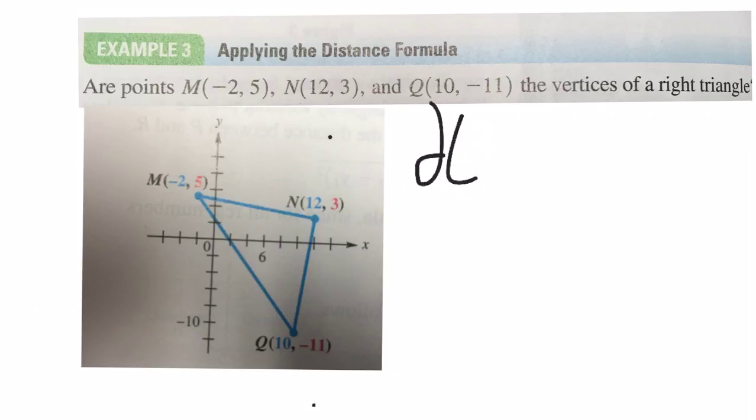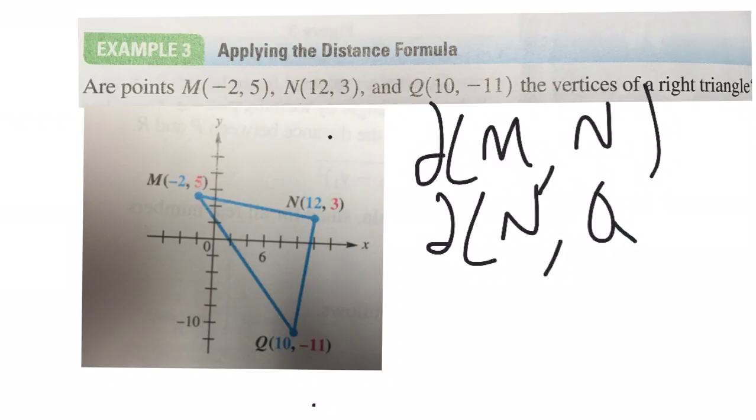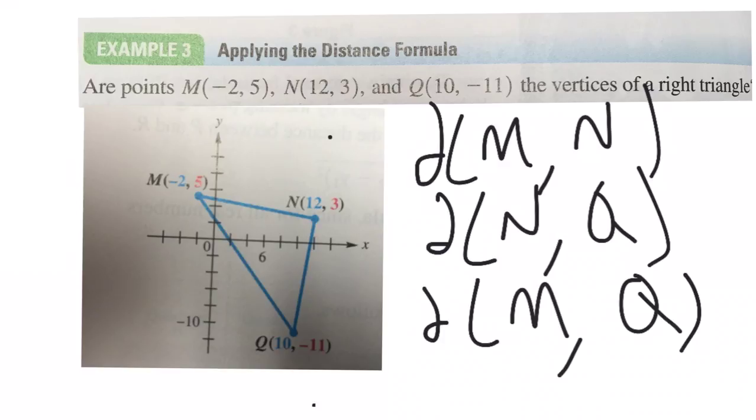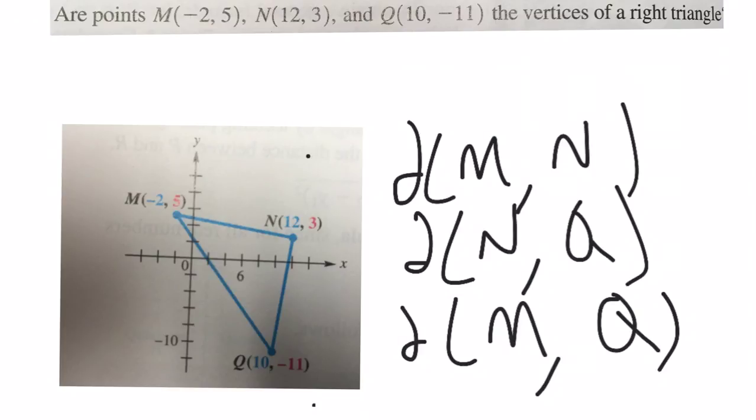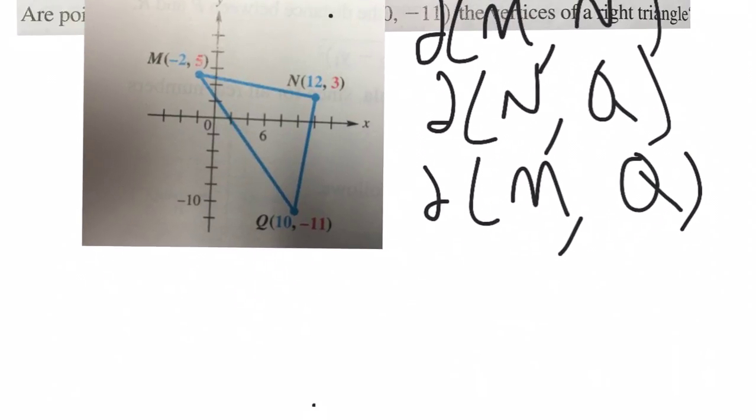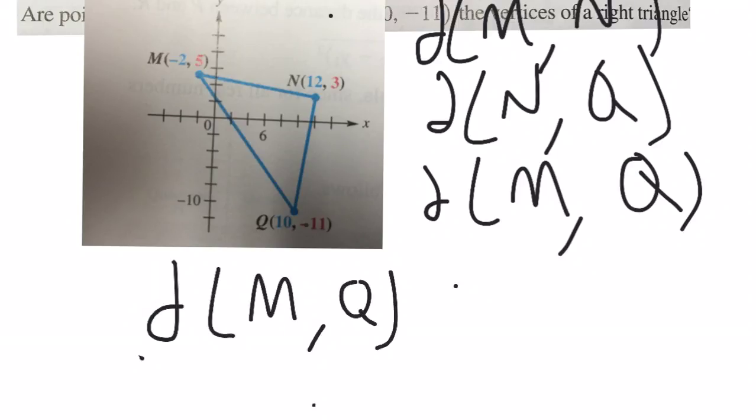So we find the distance between M and N, the distance between N and Q, and the distance between point M and point Q. And then what we do is after we find the distances, we see if MQ looks like the longest side, so we take the distance between M and Q and square it, see if it fits the Pythagorean theorem.